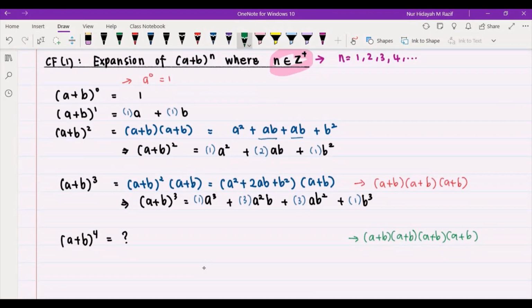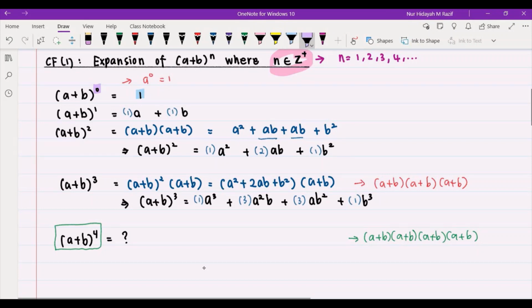So before I introduce you to a simpler method on how to expand this question, let's just observe the pattern from the 3 expansions that I have just shown you. So the first one, let's observe our coefficient. When n is equal to 0, then my coefficient here is 1.